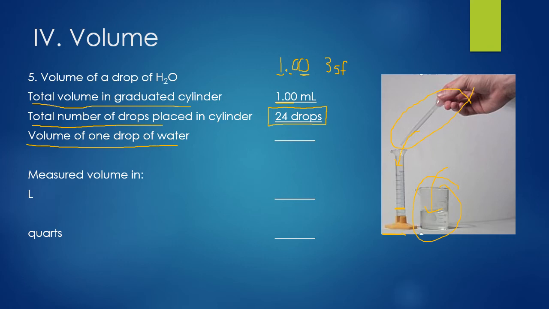To do that, I want to take my total volume of water, which is that 1 milliliter, and divide it by the number of drops that I used, because that will tell me what the volume is of just 1 drop.